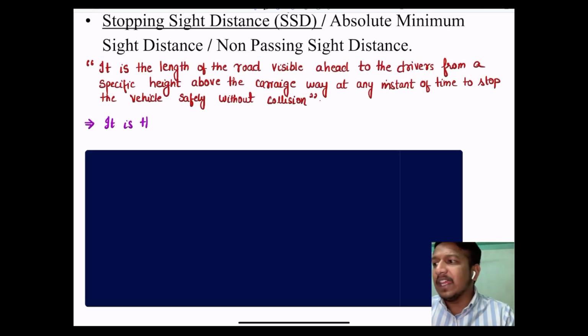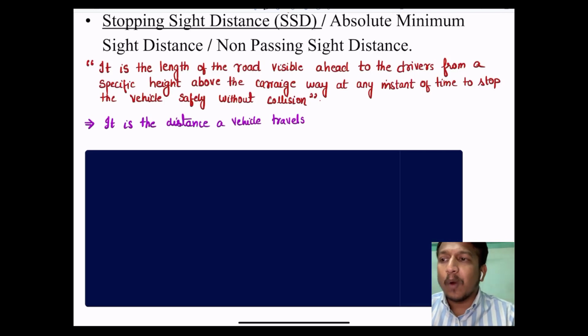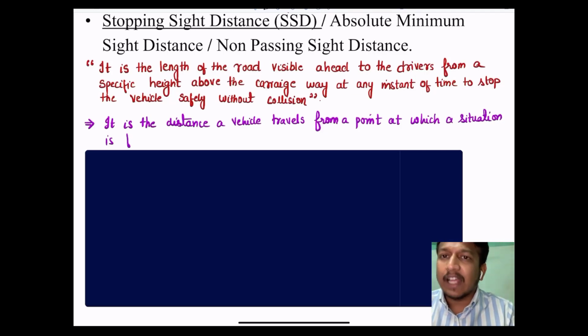It is the distance a vehicle travels from a point at which a situation is first perceived to the time deceleration is completed.